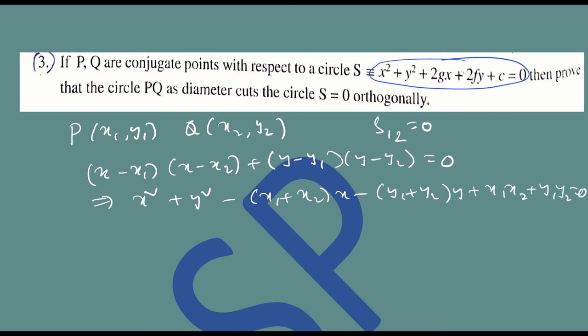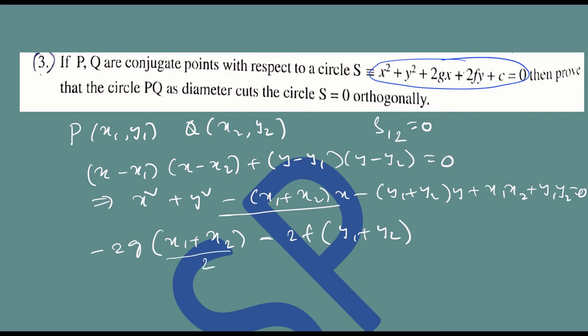Now applying the condition for these two circles to intersect orthogonally, I'll get 2g g dash plus 2f f dash. F dash is minus of (y1 plus y2) by 2. Wait a minute, I need by 2. This is 2g dash, I need only g dash, so I have to write by 2.